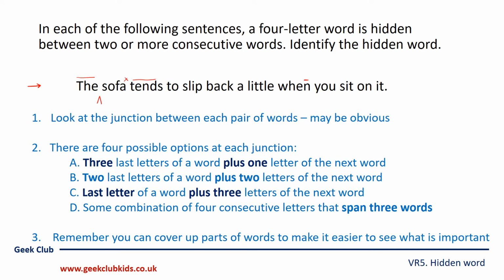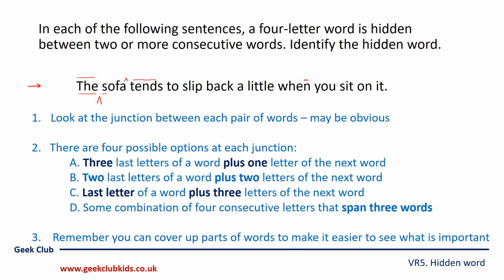I've marked the junction between the and sofa. The most common options are that you take the last three letters from the word before the junction, plus one letter after the junction, because that would make four letters in total. THES, thes. Thes isn't a word, as it happens.